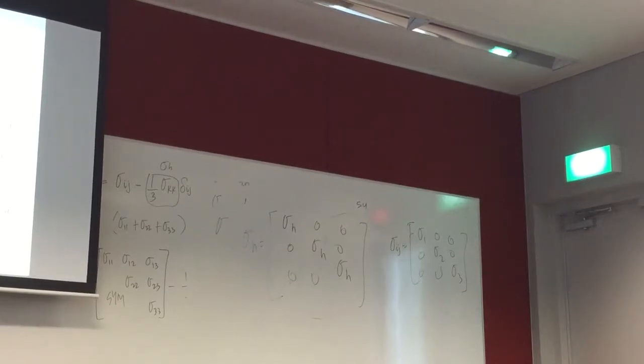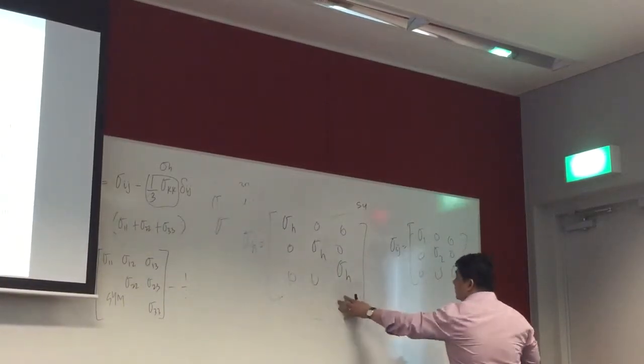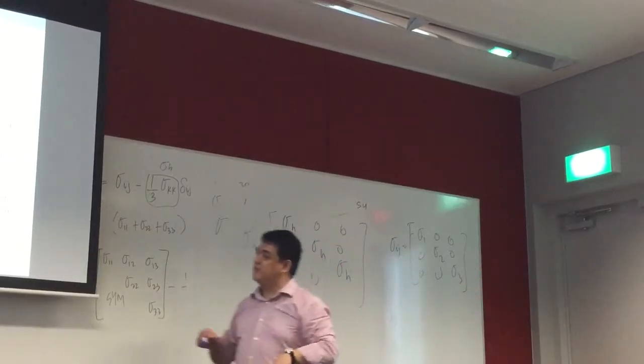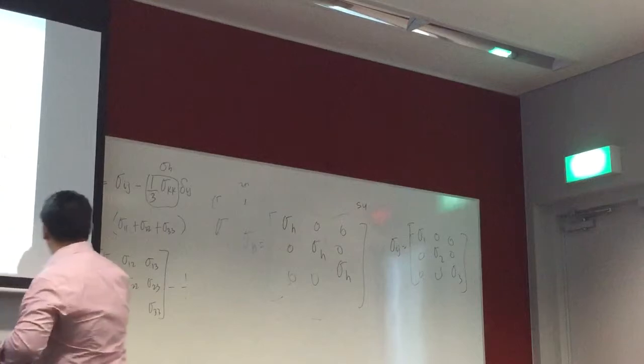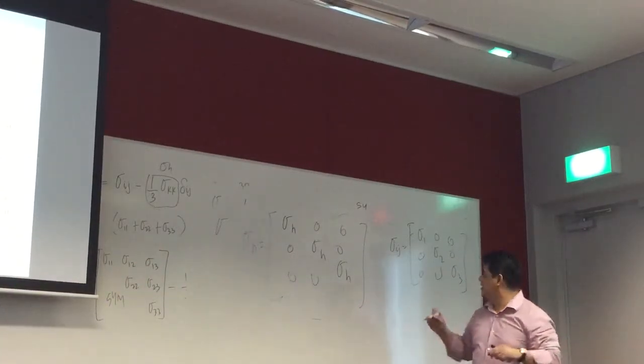So have a look at this one here, and that one there. You're looking at the principal stresses. You're not looking at the complete state of stress. You're just looking at the principal stress.